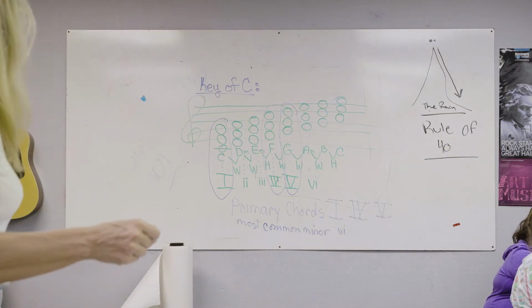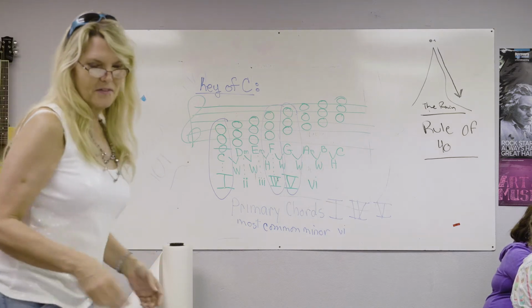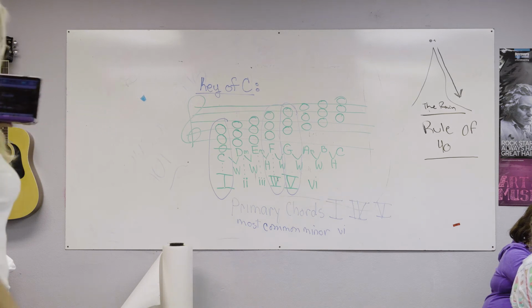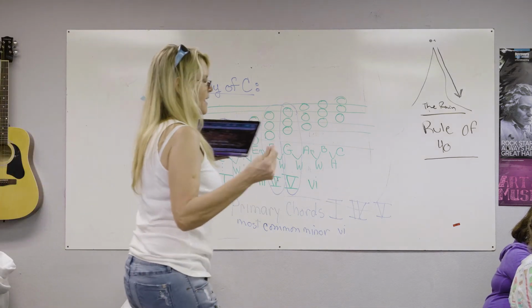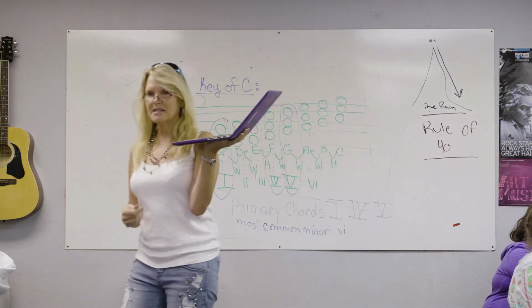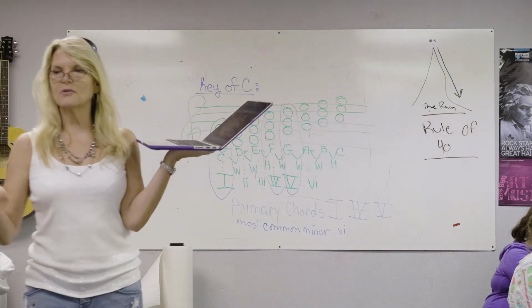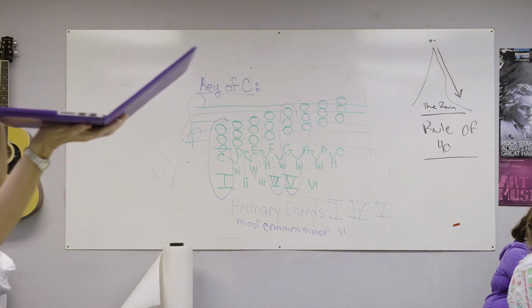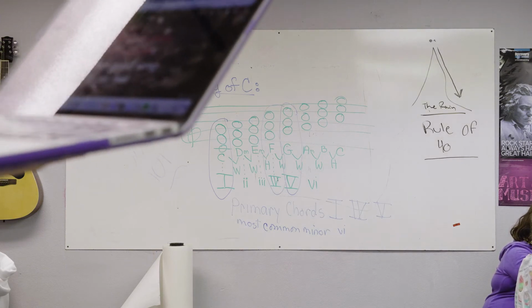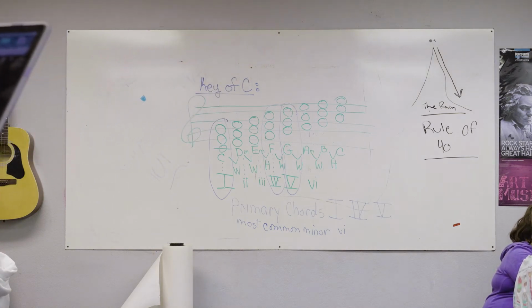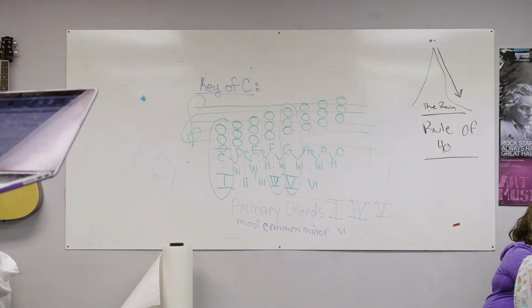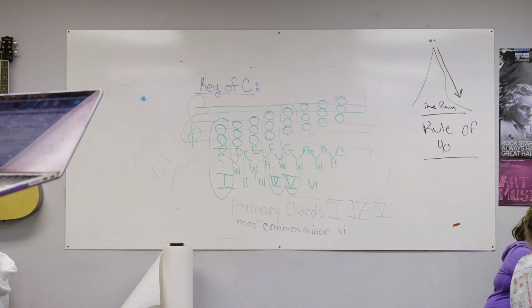C. A minor, F, G, and C. A minor, F, and G, C. A minor to 6, into the 4, into the 5. You'll know. Good, sorry, I had it on the, here we go.